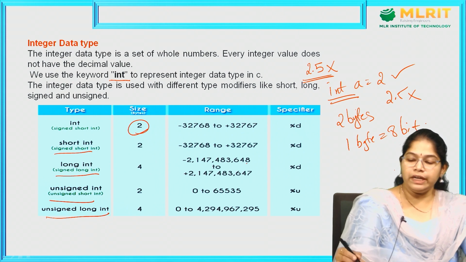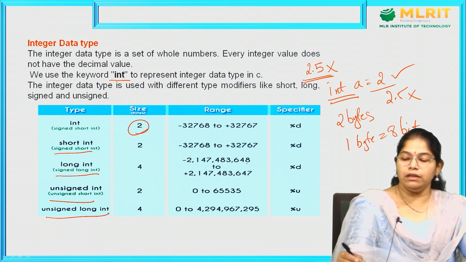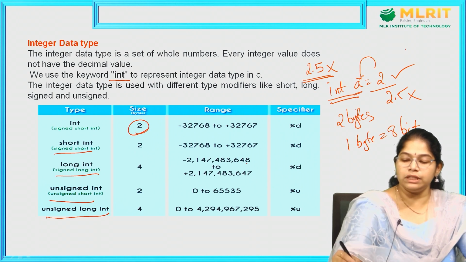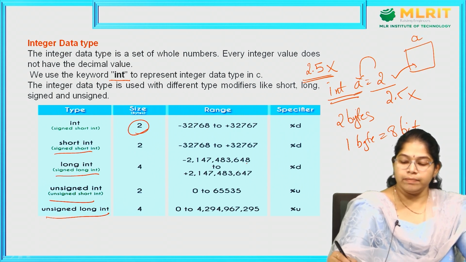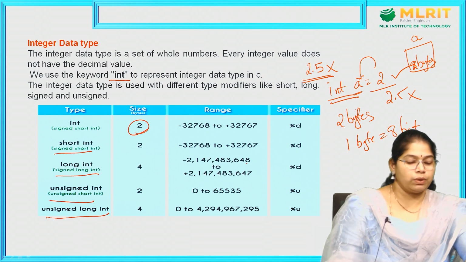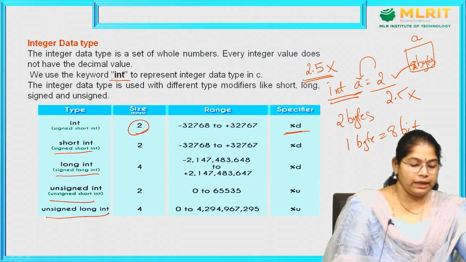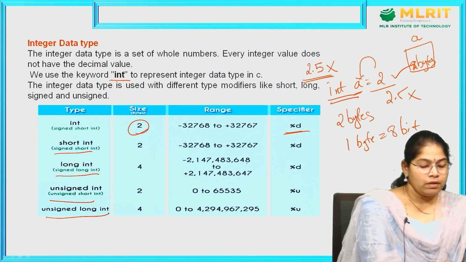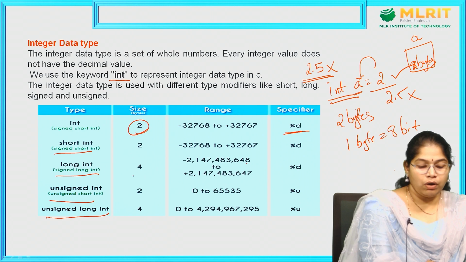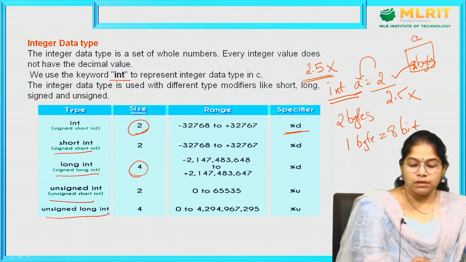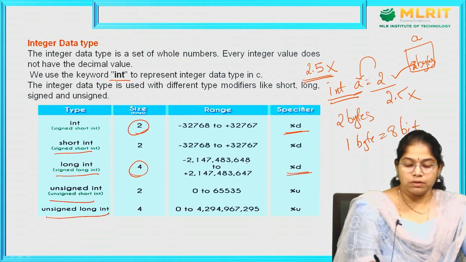So if we declare an integer variable a, the memory allocated to a is 2 bytes. The format specifier for this is %d. Then long int size is 4 bytes, and the format specifier for that is also %d.